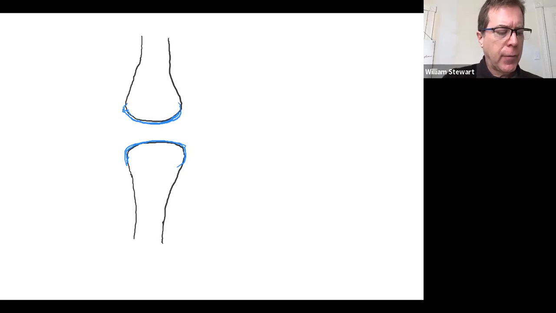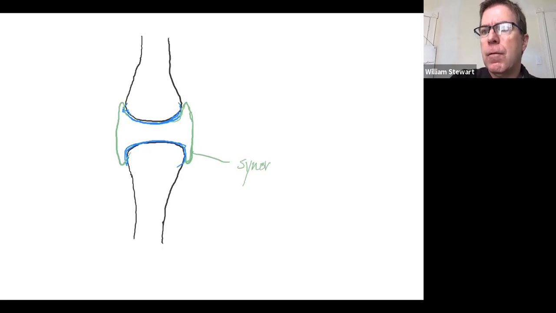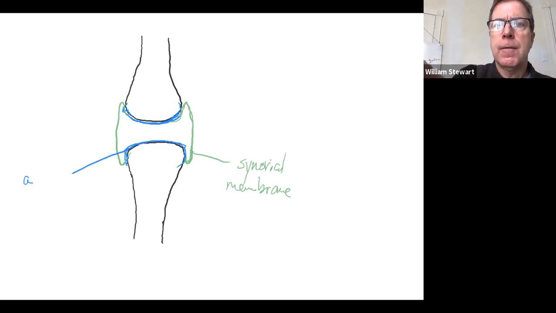Next, I'm going to draw the joint cavity, which is basically defined by the synovial membrane. I'm looking in your book, they use green, or sort of a greenish color, to create this enclosure here. This green tissue is a synovial membrane. The blue stuff was hyaline cartilage that's acting as articular cartilage.